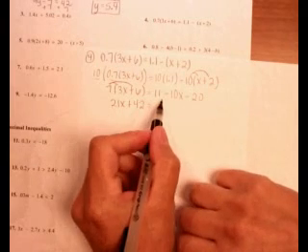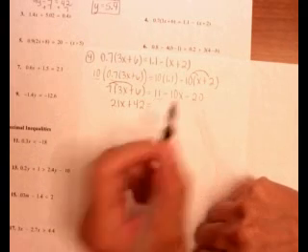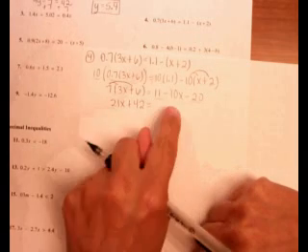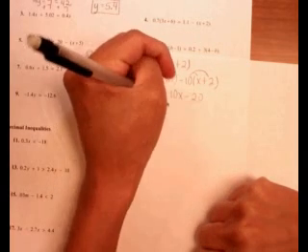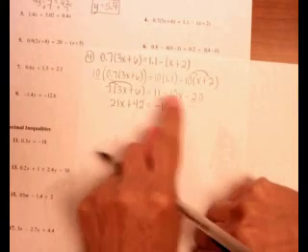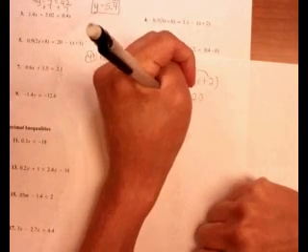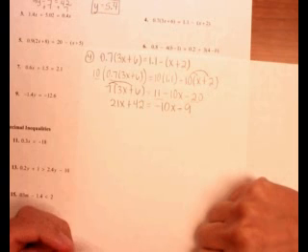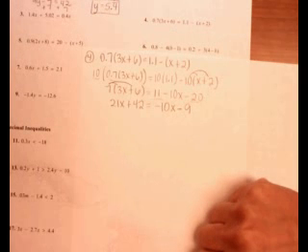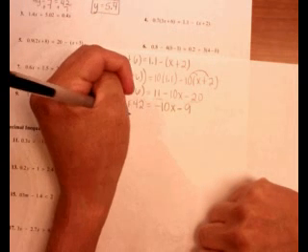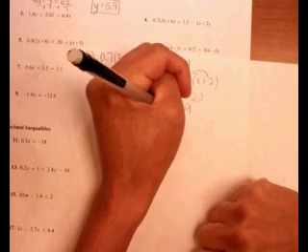I can combine on the right side the 11 and negative 20. So I have negative 10x, and if you add 11 and negative 20, you get negative 9. Okay, variables on one side, numbers on the other. So I'm going to subtract 42, subtract 42.